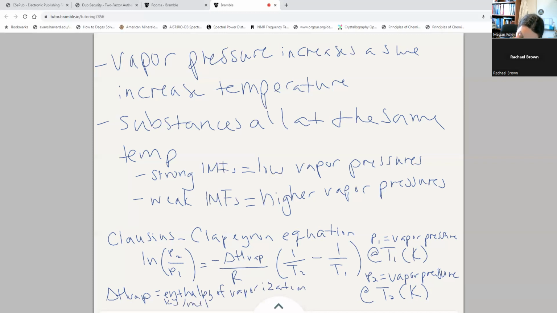And then our R is our gas constant, the 8.314, but we're going to want to use 0.008314, as that's our kilojoules per mole Kelvin. That way we keep our units the same, keeping them both in kilojoules. Let me try and rewrite that. That's kind of hard to see.